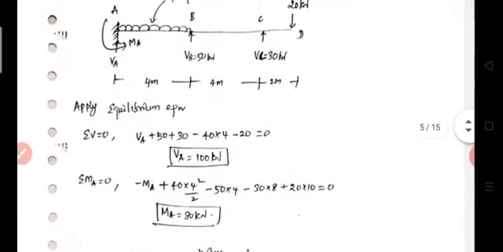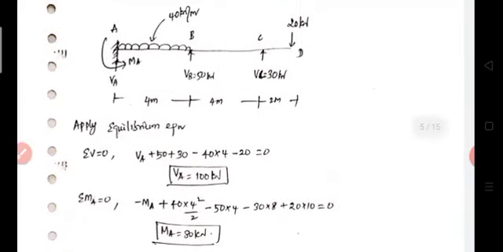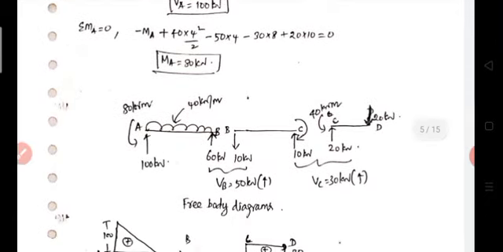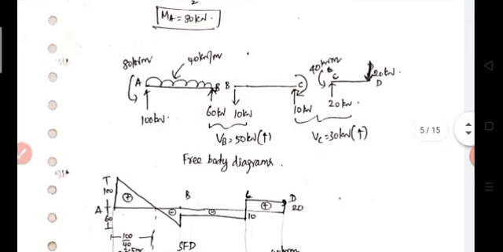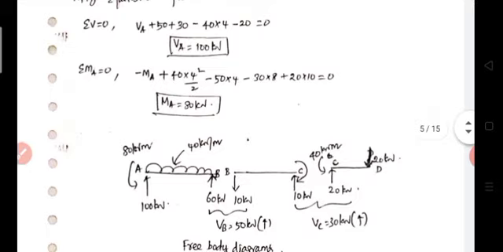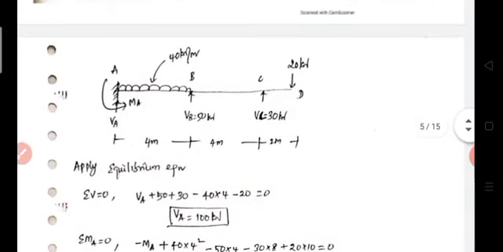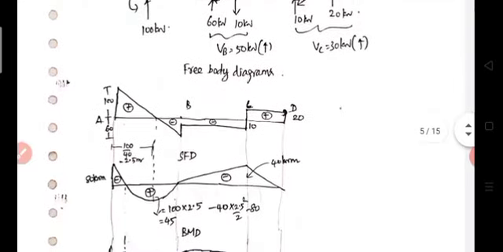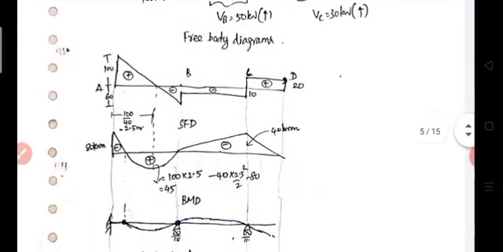Okay. So before we draw the shear force and bending moment diagram, first draw the free body diagram. It may or may not be necessary, or you may directly draw the shear force and bending moment diagram. You already studied the shear force and bending moment diagram.